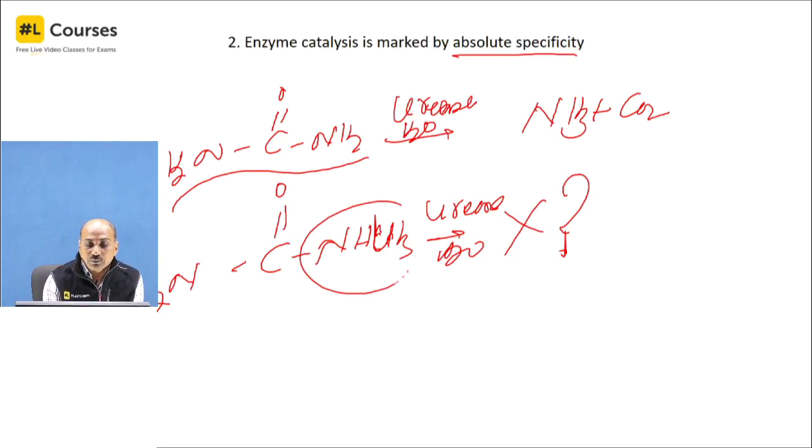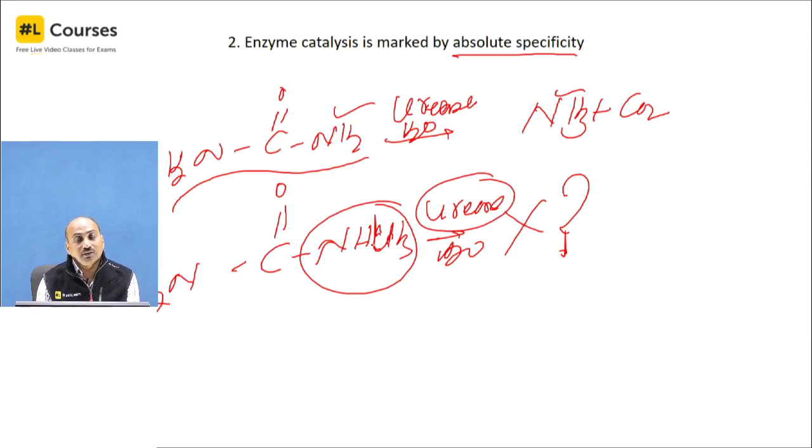Here the molecule is methyl urea, where one H is replaced by a CH3 group, so automatically it cannot fit into the enzyme. Thereby the conversion of urea into ammonia happens only by using the urease enzyme. If I use urease enzyme for methyl urea, it does not do the process. Hence enzymes are absolutely specific in nature, and without that we cannot get the proper reactions.